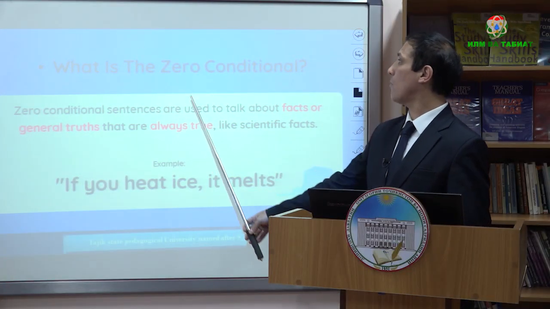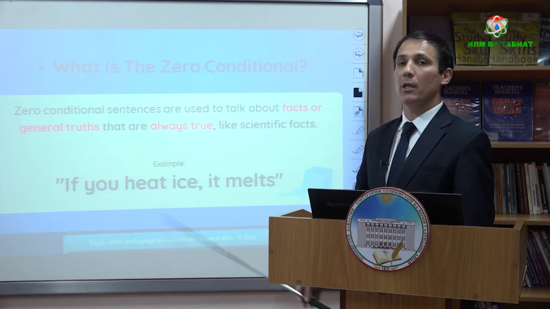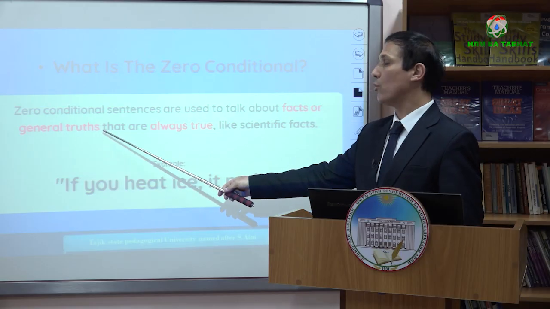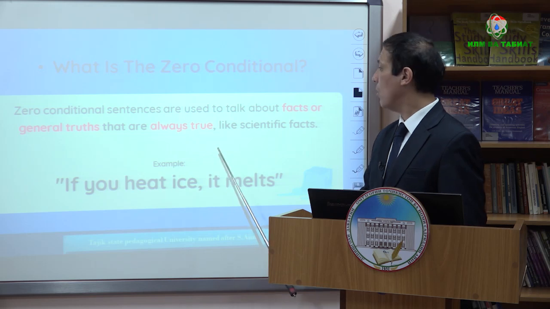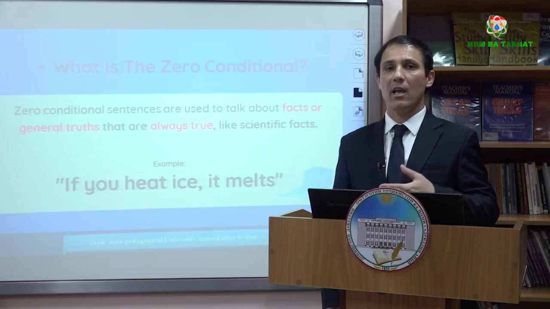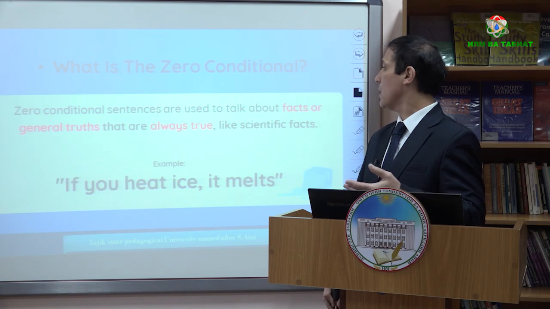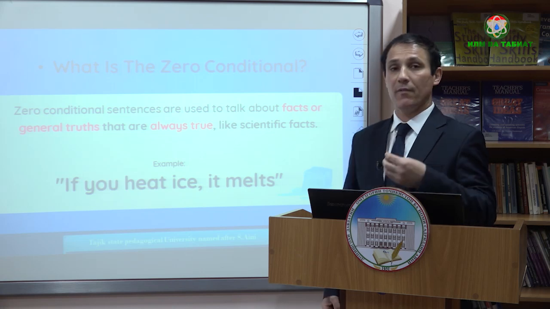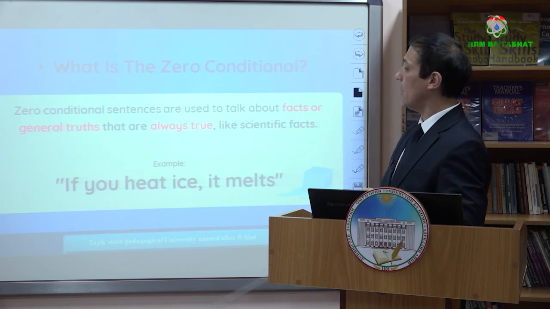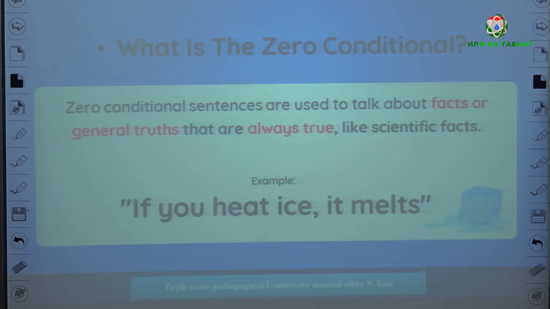What is a zero conditional? By grammar rules, zero conditional sentences are used to talk about facts or general truths that are always true, like scientific facts, as all scientific research proves. For example, if you hit ice, it melts.